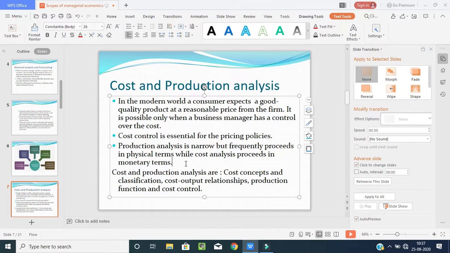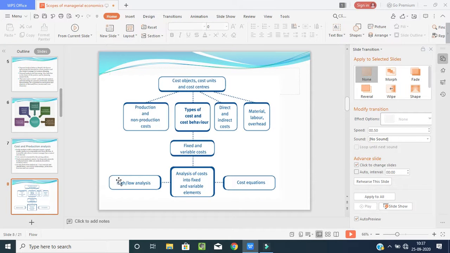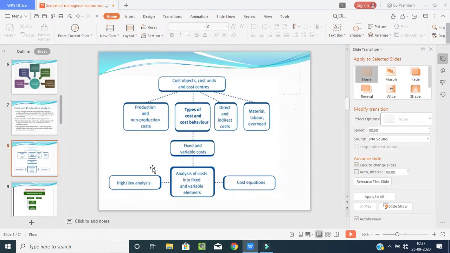Now, one last point: cost and production analysis are related with cost concept and classification, cost-output relationship, production function, and cost control. Now, this is the figure. If you see here, these are the types of cost: cost objects and cost centers, production and non-production cost, types of cost and cost behavior, direct and indirect cost, material, labor, overheads.